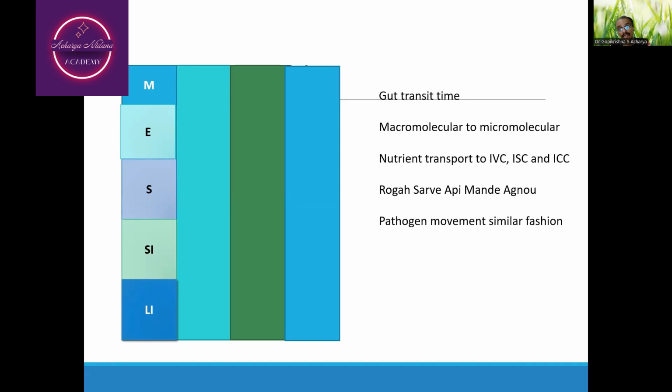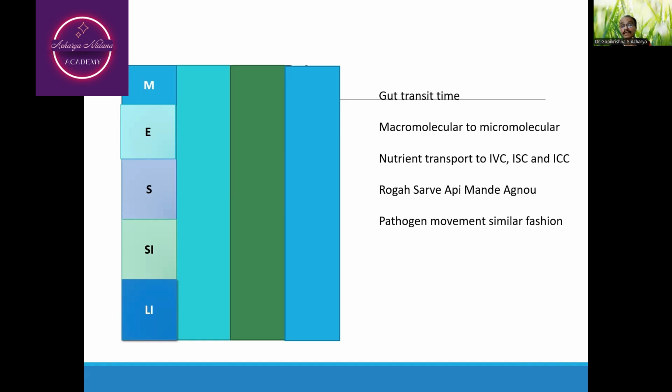Adjacent to the intracellular compartment, there will be the interstitial compartment. Adjacent to the interstitial compartment, there will be the intravascular compartment. As we mentioned earlier, the alimentary canal is considered to be the Bahya Rogamarga.